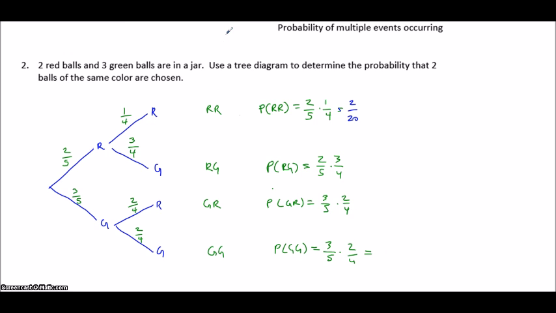Multiply that one out. The reason I'm only multiplying the top and the bottom one, the probability that we're really seeking here is that two balls of the same color are chosen. Well, that's going to be this event and this event. I find the probability of them by multiplying through the tree: 2/20 and 6/20.